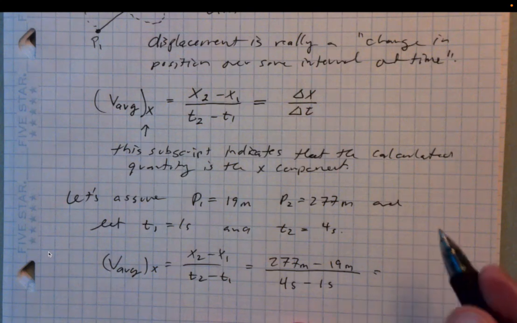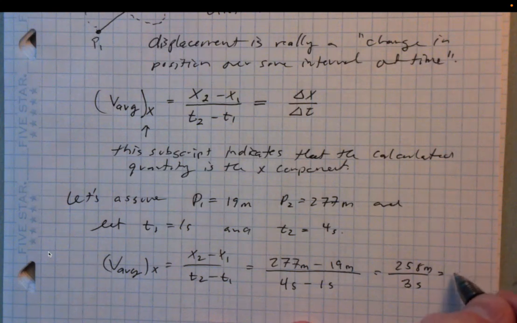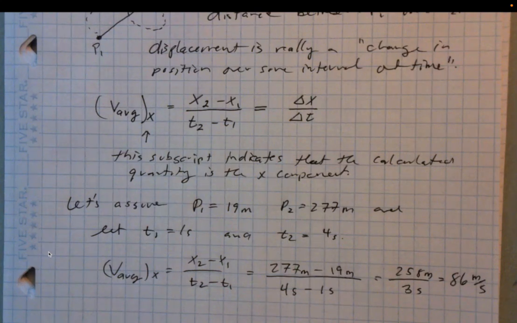And what does this all turn out to be? You get 258 meters over 3 seconds, so in this case the average velocity would be 86 meters per second. The average velocity is positive in this case, meaning that the car is moving to the right on the positive x-axis as we've drawn it here.